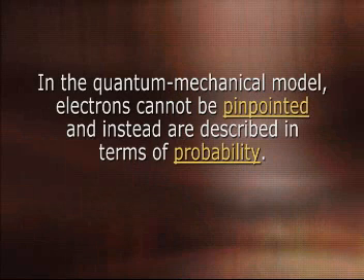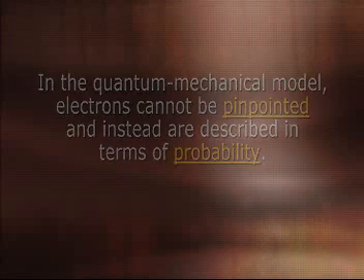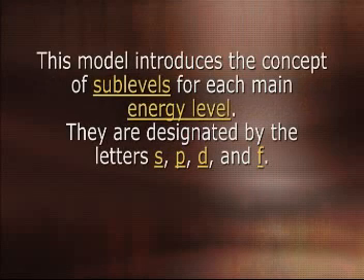In the quantum mechanical model, electrons cannot be pinpointed and instead are described in terms of probability. This model introduces the concept of sublevels for each main energy level. They are designated by the letters S, P, D, and F.